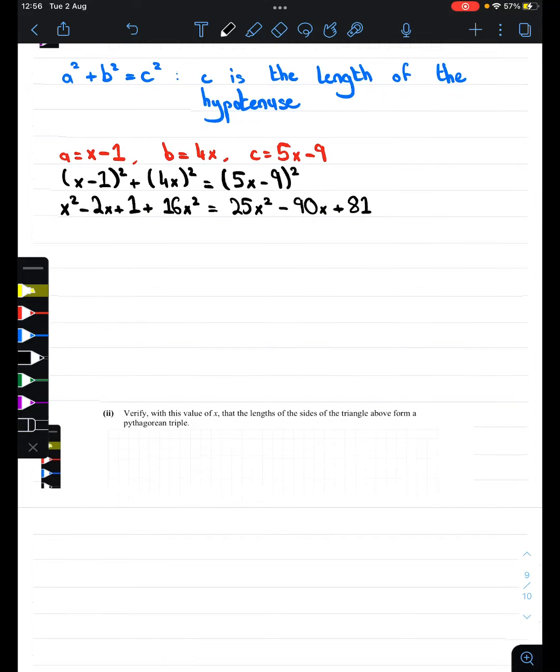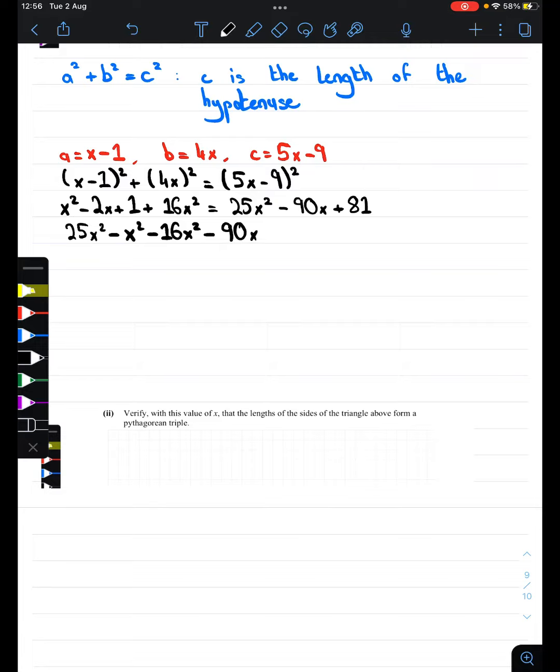If you bring everything over to the right hand side, we get 25x squared minus x squared minus 16x squared, then the x terms, minus 90x plus 2x, and the constants, plus 81 minus 1. So this will equal 0.